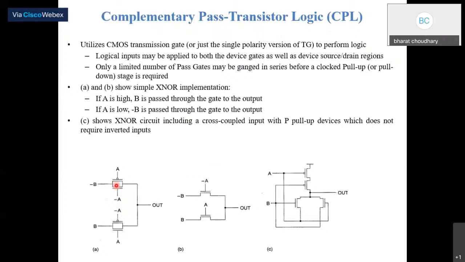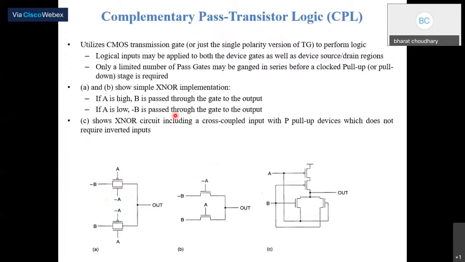Earlier, in the case of the transmission gate, the controlling signal was applied at the gate potential only, whereas in complementary pass transistor logic, the variable function can be applied at the source and drain terminals as well. Only a limited number of pass gates may be linked in series before a clocked pull-up.